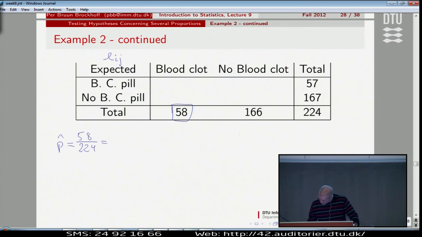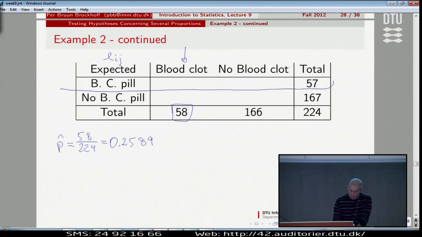This percentage is around 26%. 26% of all the females in the study get the disease here. Now, if I look at the birth control group, this one is N1, this one is N2, right? I have 57 females in this group.